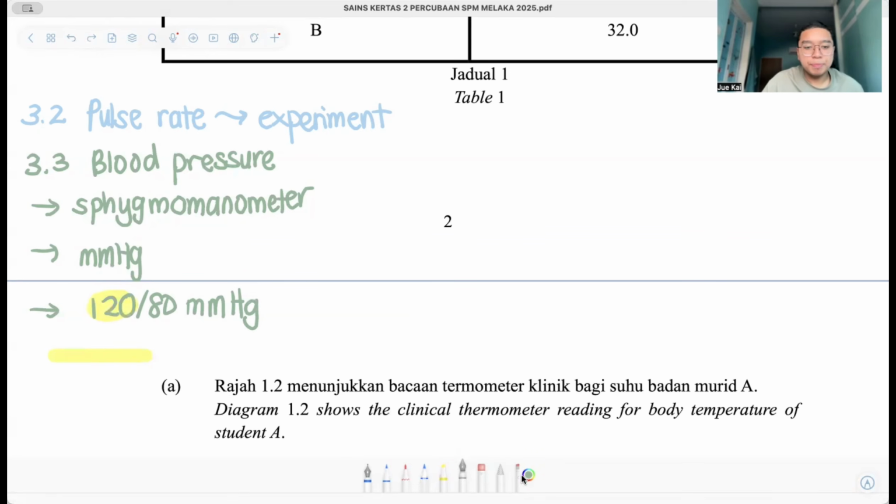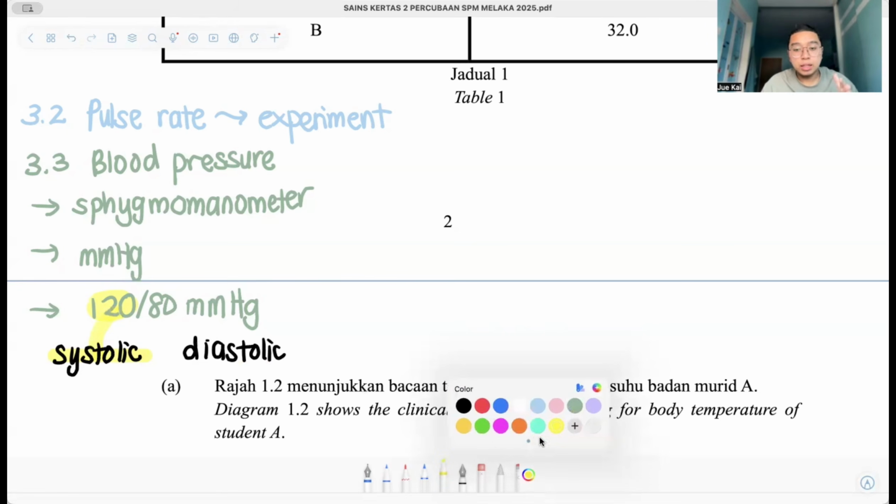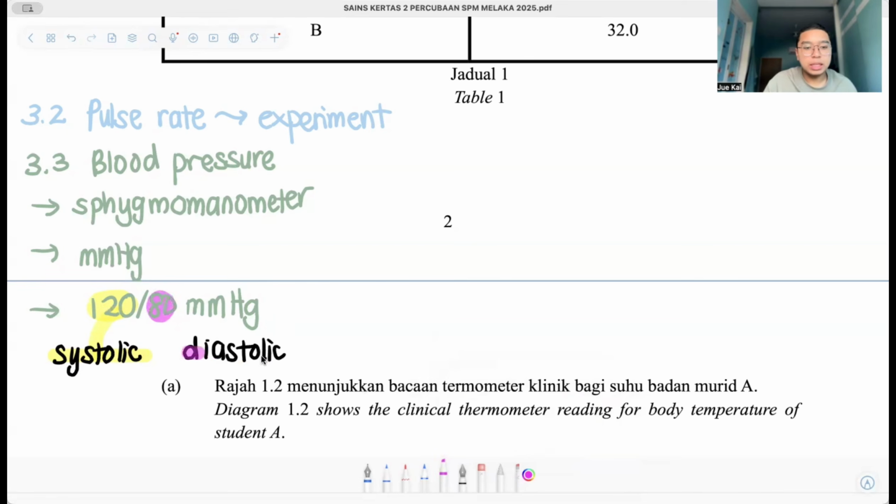Wait, I change the color. This one will be systolic. Another one will be diastolic. Clear or no? Oh, yeah, diastolic. Okay. This one. And then another number, this number will be this one. Okay, clear. Okay? Clear. Okay, very good.